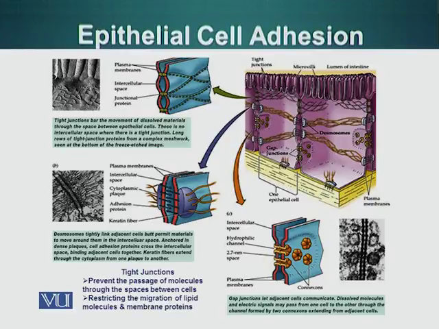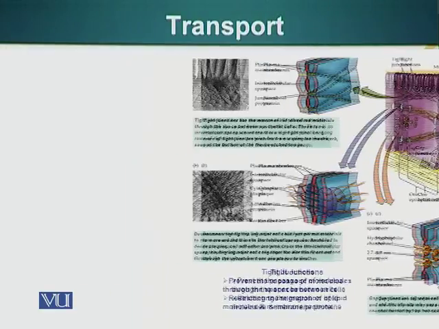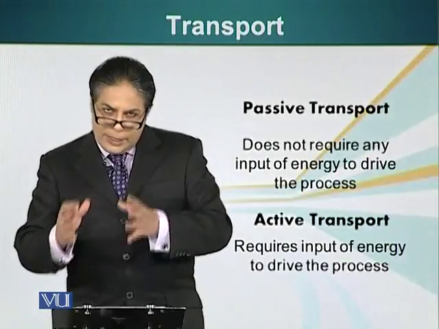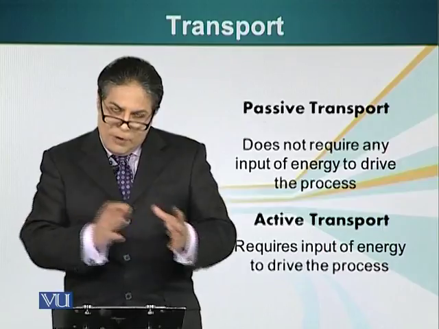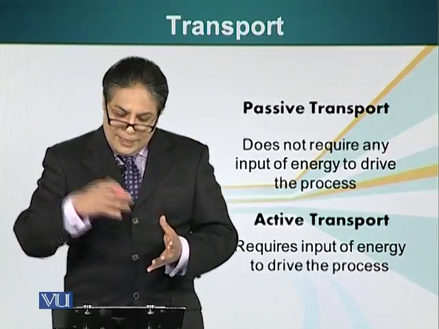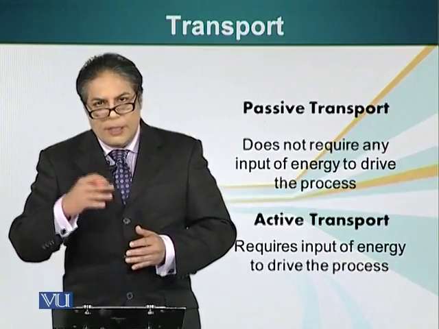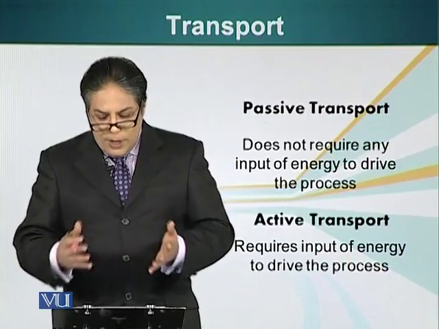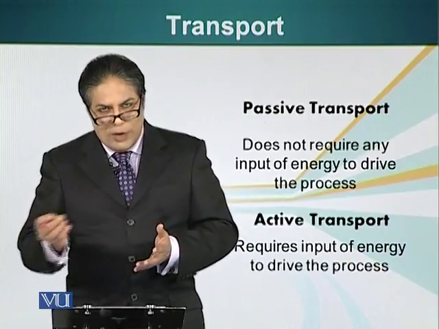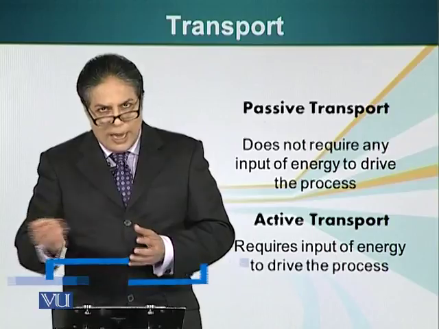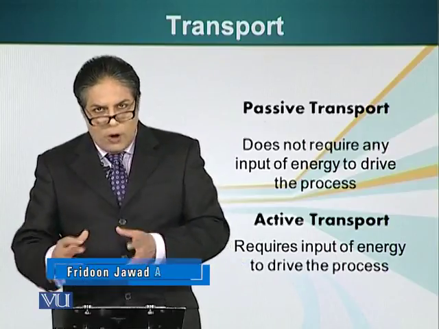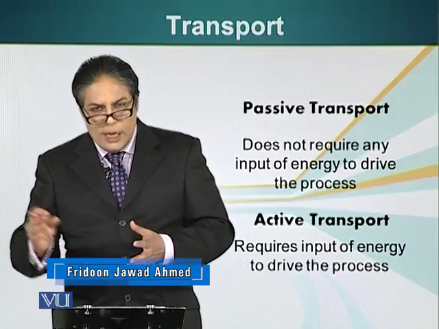certain tissues. So let's look at another part of transport that can occur between two cells or between a cell and its environment. There's passive transport, which is the type of transport which will happen through the connexons or gap junctions. It does not require any energy.